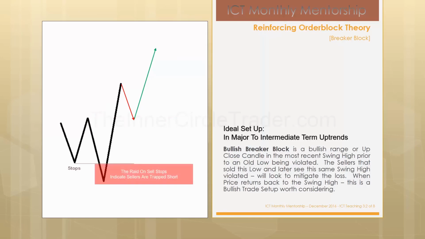The telltale signs that you have a breaker in formation or confirmation: the raid on sell stops indicates sellers are trapped below the old low. The range expansion takes out the short-term high in between the two lows.